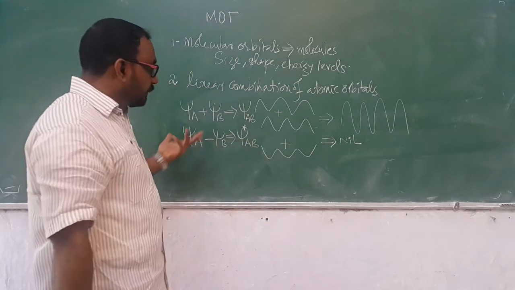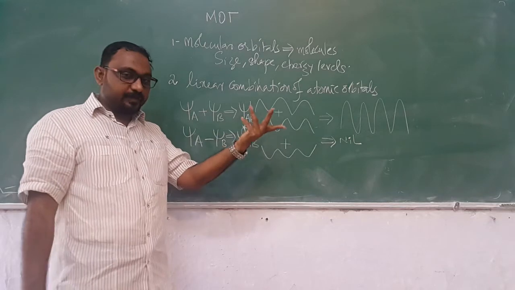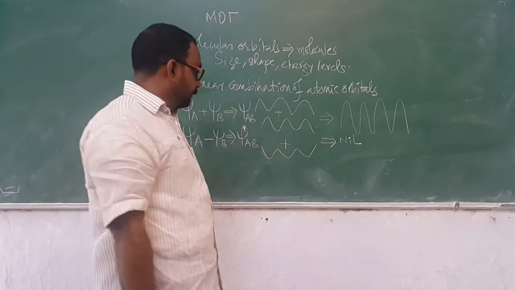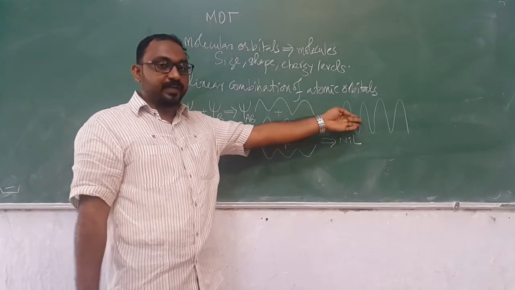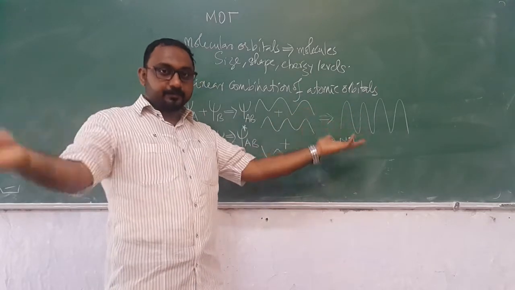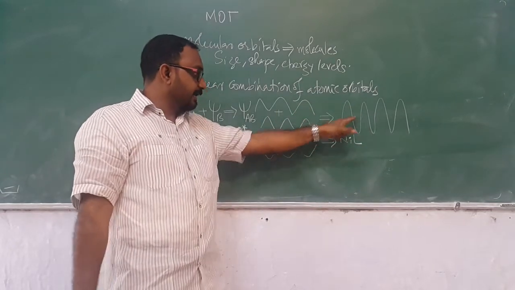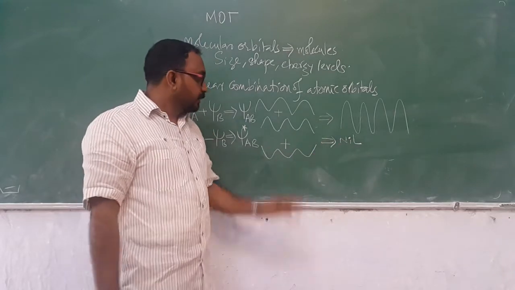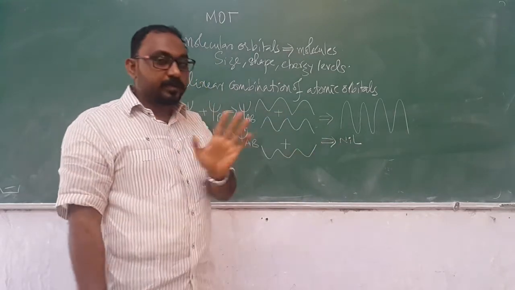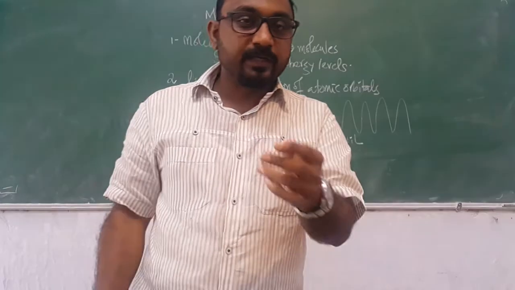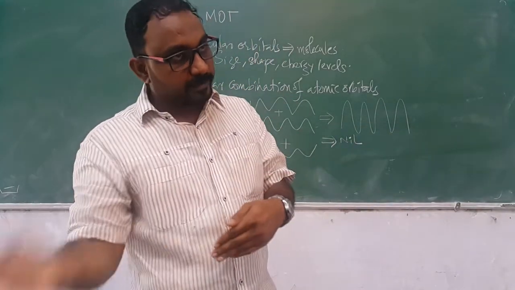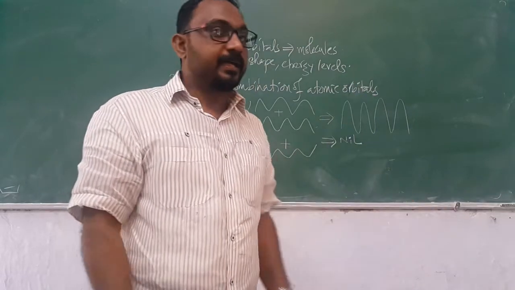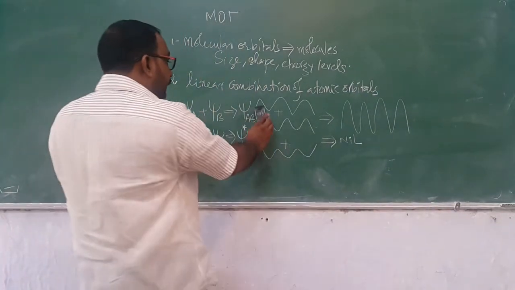Just to make you understand, an atomic orbital is a wave, so they can get added to form a big wave. This is an extreme end, completely added and completely subtracted. But no two atomic orbitals come exactly in phase or exactly out of phase, so it comes somewhere in between.